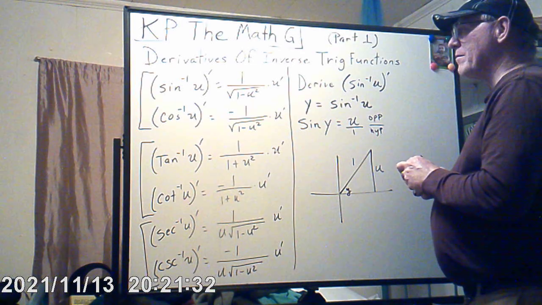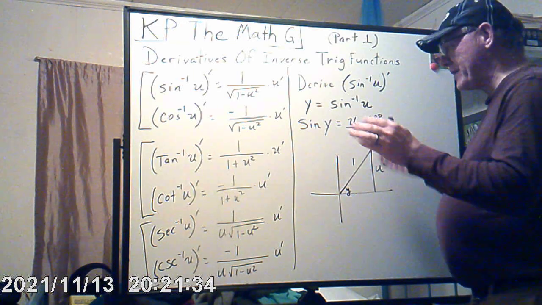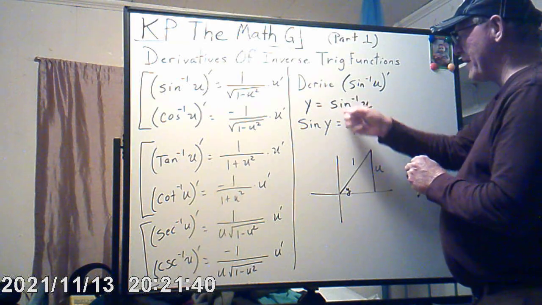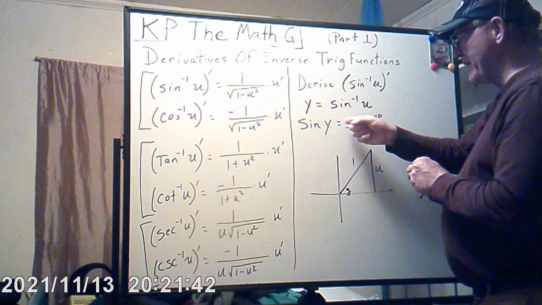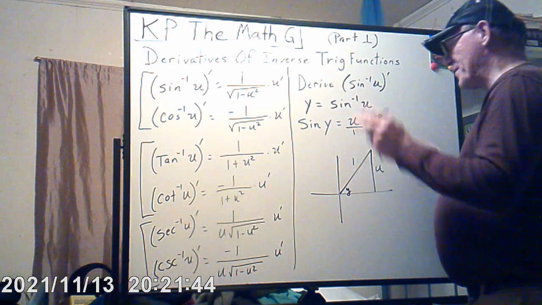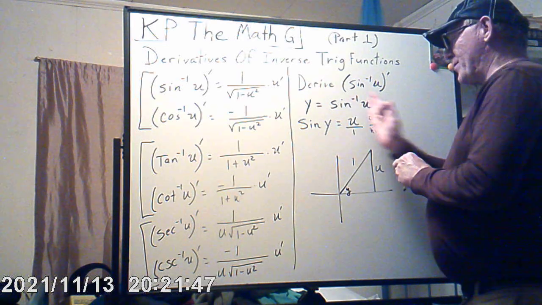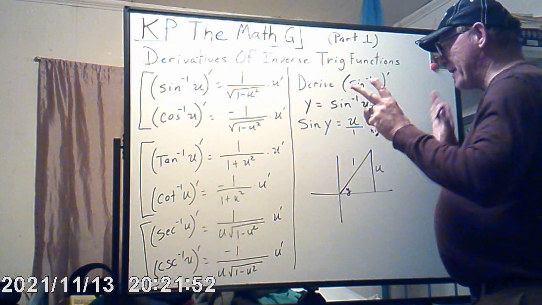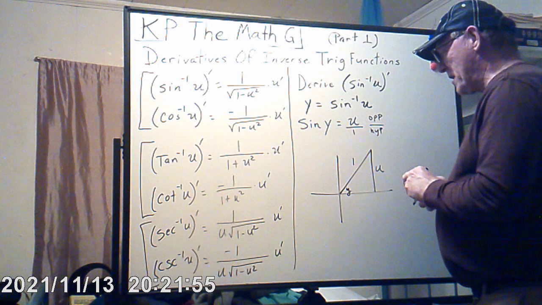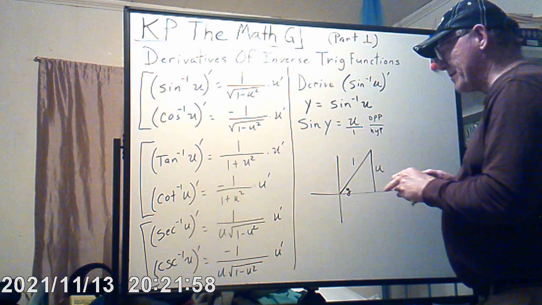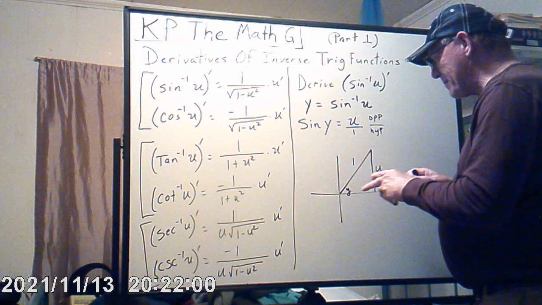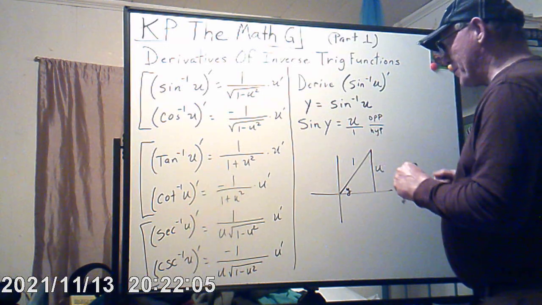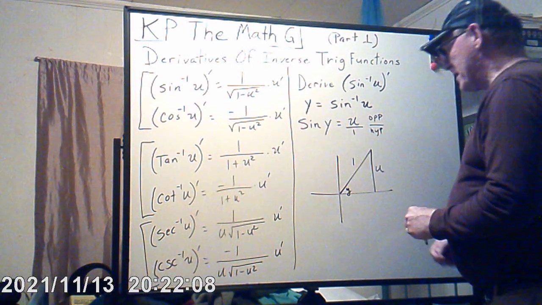So please excuse me if I forget the restrictions. I do know that the range of sine is from -1 to 1. But as far as inverse, negative pi over 2 to pi over 2. But those are restrictions. Putting that aside for now, that's not quite as important as deriving this. It is important, but not as important at this juncture of our lesson.